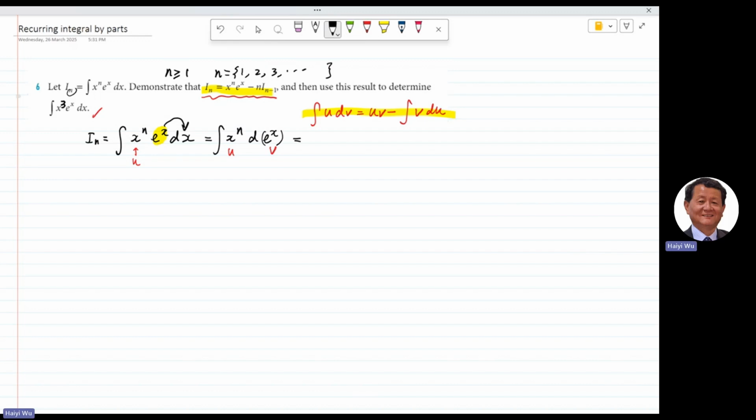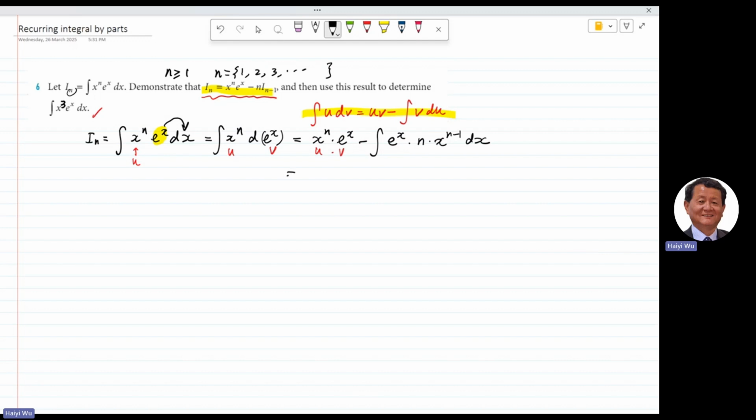So according to the above formula, uv is x to the power n times e to the power x. So this is v. So that's u and v. Then integrate v, you copy e to the power x, then differentiate the x to the power n, become n times x to the power n minus 1 dx.